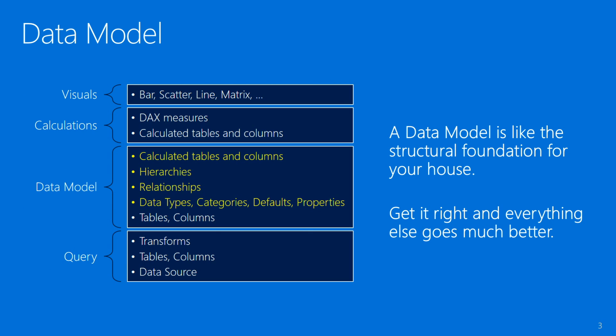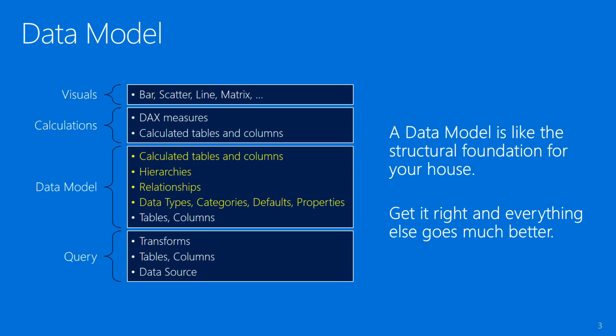The first question you might ask is, what do we mean when we talk about a data model? It's clear in some people's minds, but not so clear in others. So when we talk about data model, there's things that the query brings into the model, and they include tables and columns, and you do a bunch of transforms, and you land in the model with some tables and columns, and at the top end you have things like calculated columns or calculated tables.